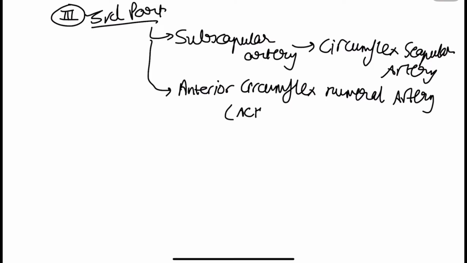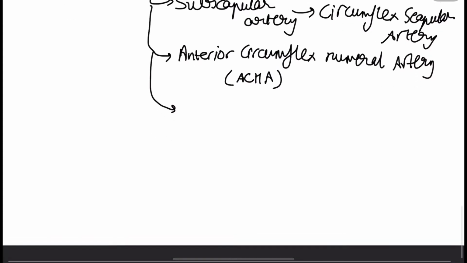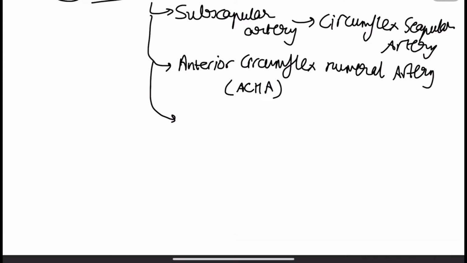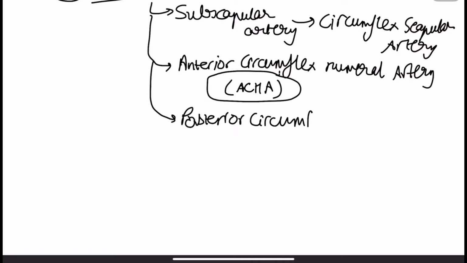And you should always learn arteries in abbreviations, because mostly when you see some CT scan or some MRI, or some angiogram, it will always be written like this. And after that, posterior circumflex humeral artery. So with this, we have completed the branches of the axillary artery.